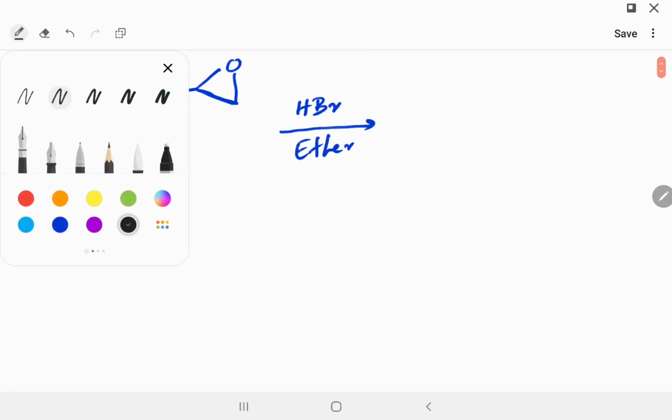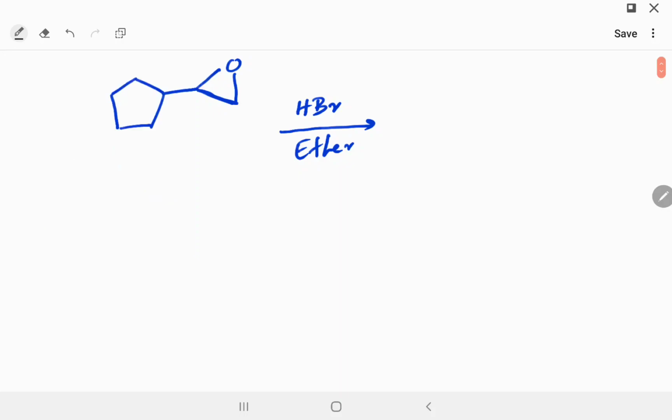To get the product, what you need is the type of carbon that you have. This carbon right here is a primary carbon. This carbon right here is a secondary carbon. In that case, the nucleophile bromide tends to attack the less crowded carbon, giving you a product like this.